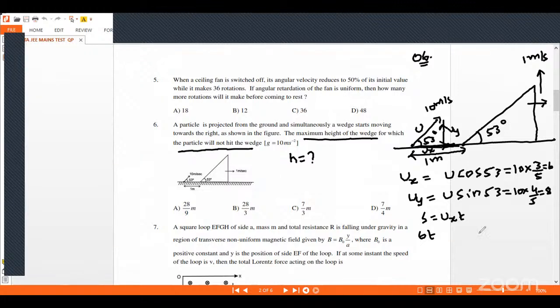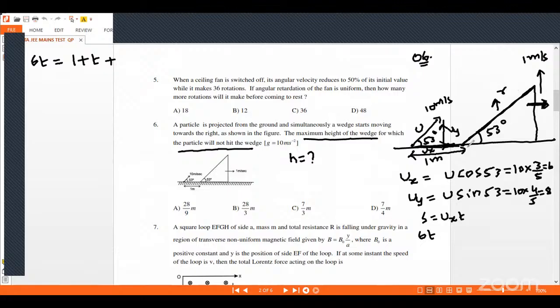The wedge is moving with velocity 1 meter per second. So 6t equals this distance 1, plus 1 into t, plus, let us consider this length of hypotenuse as r.